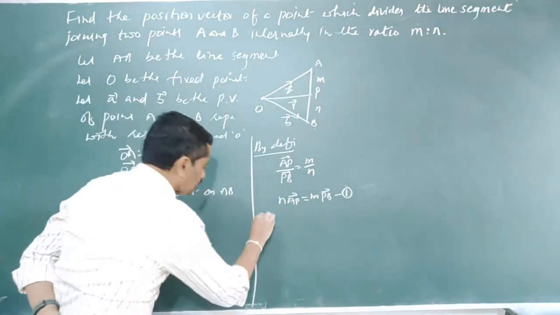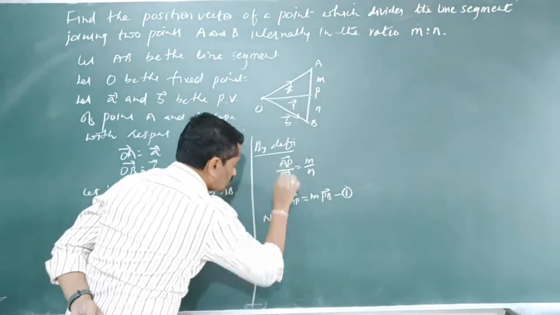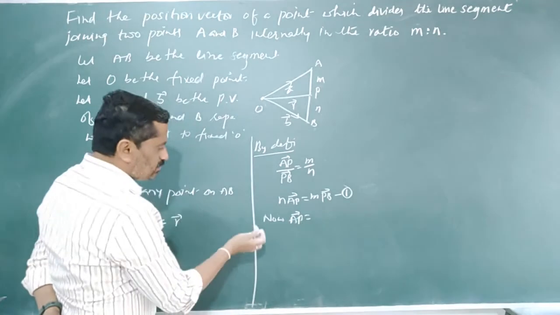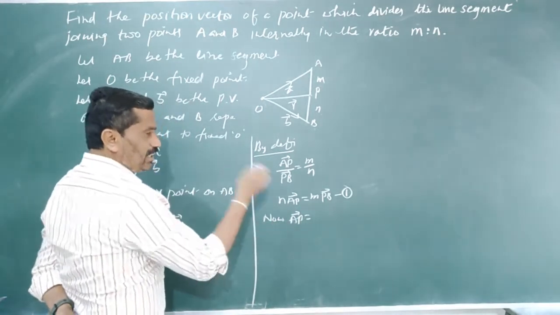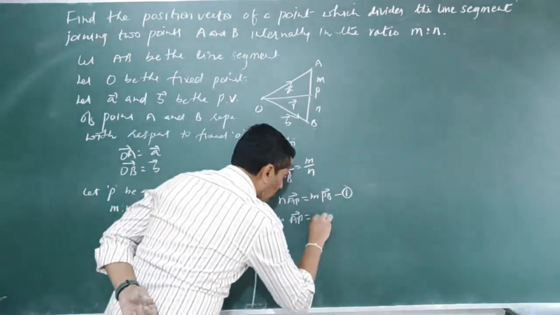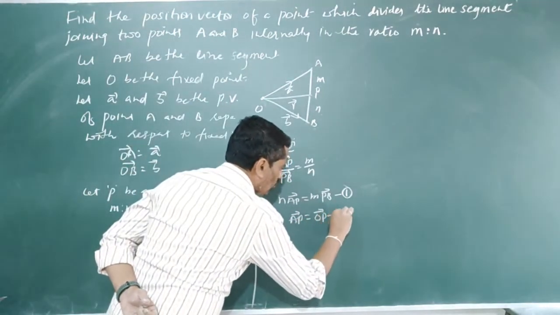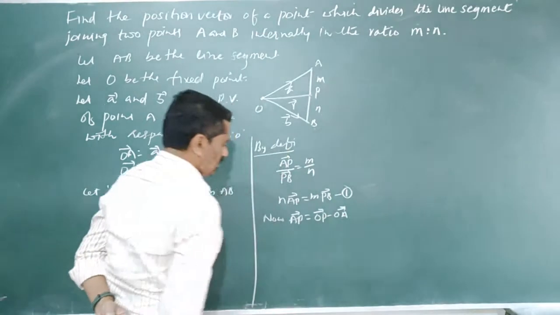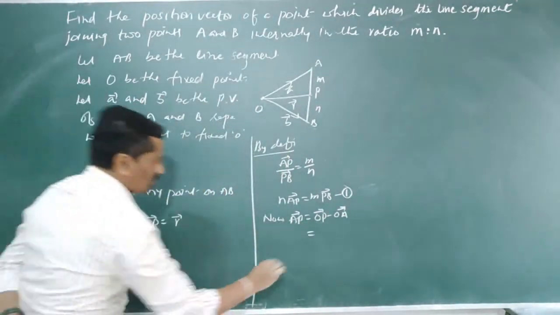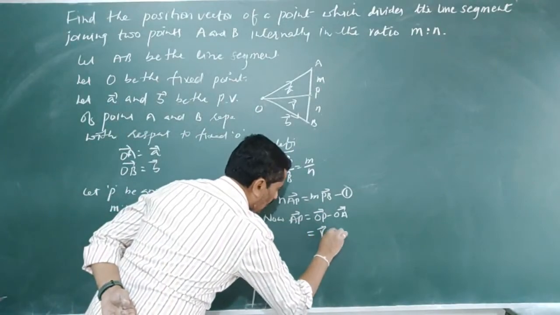So now AP bar, expressing this AP bar in terms of position vectors, we have OP bar minus OA bar. Again that is equal to, what is OP bar? We have R bar minus, what is OA bar?